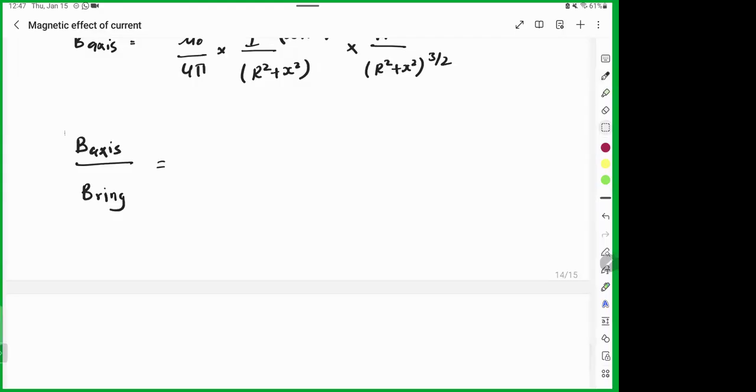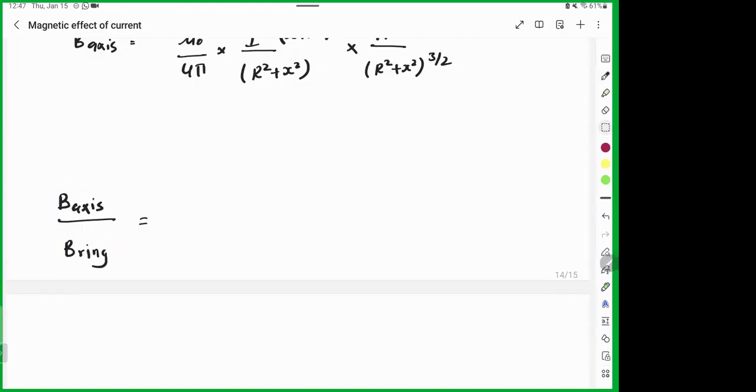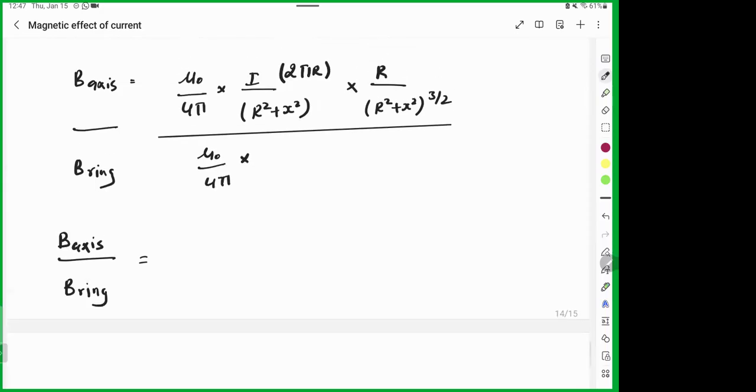If you divide this value with the magnetic field of the ring, which was nu naught upon 4 pi into I 2 pi r upon r square, this was the value, correct?